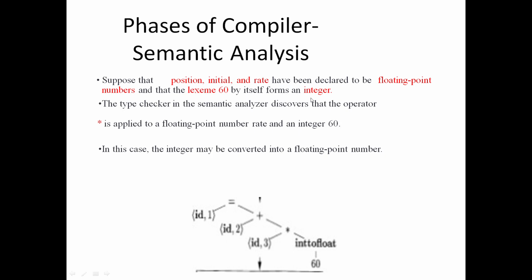So we have a data type mismatch between integer and floating point. What the type checker does is convert the integer into a floating point number. So 60 is an integer, and it is converted into a floating point number.